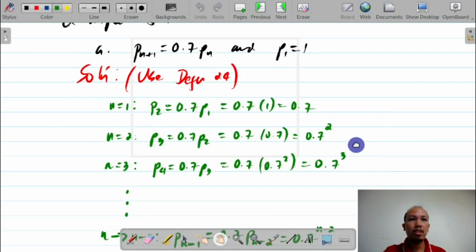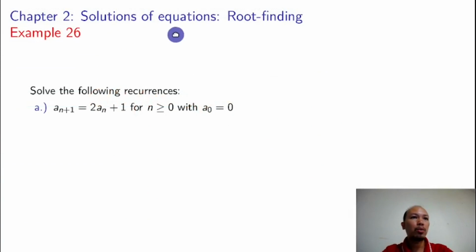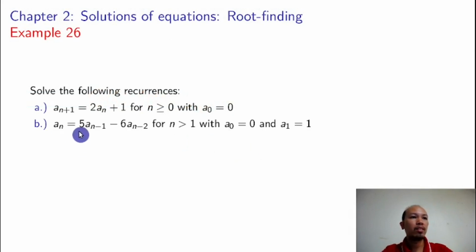Thank you so much for listening. Maybe we can go now to letter B. This one here. Let's try to solve this using generating function. So I'm going to end it here and then go back.